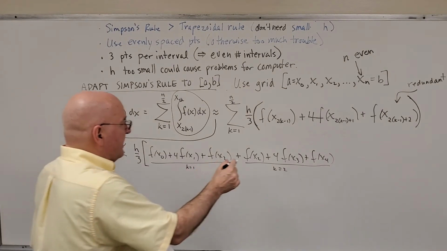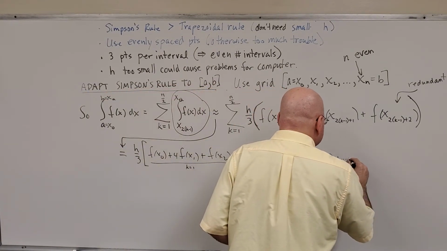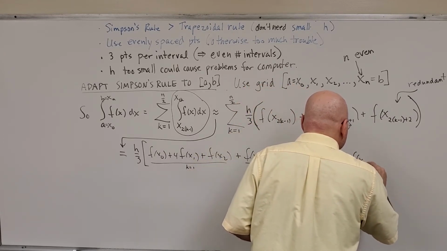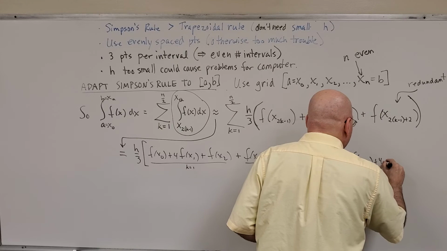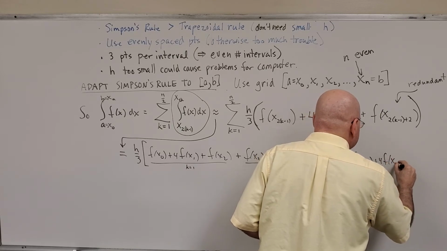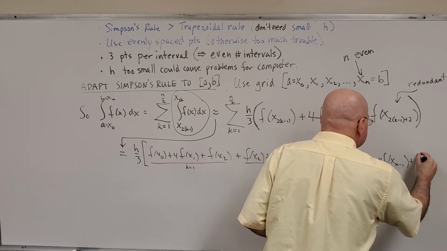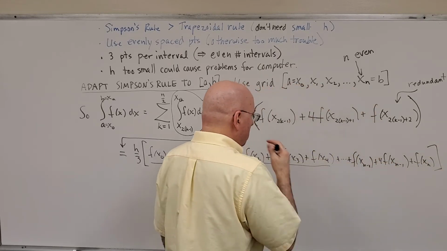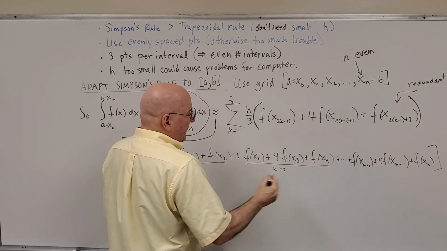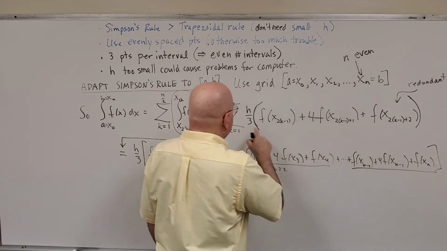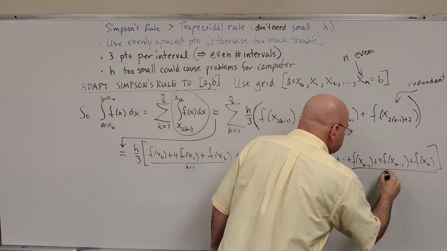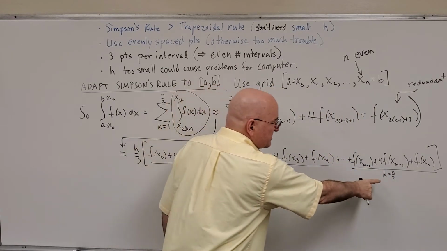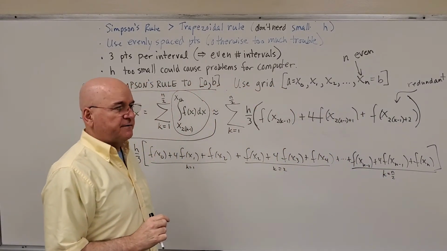Maybe I'll go all the way to the last one. Plus dot, dot, dot, plus f of x n minus 2 plus 4 f of x n minus 1 plus the last one, f of x n. And this would be the case where k is n over 2. Remember, n is an even number, so that's definitely an integer.